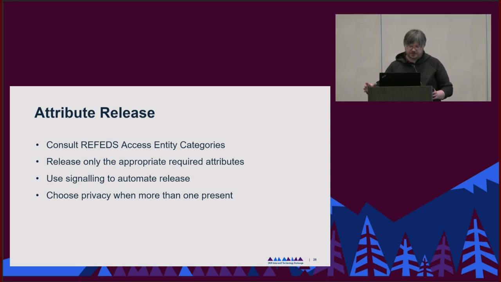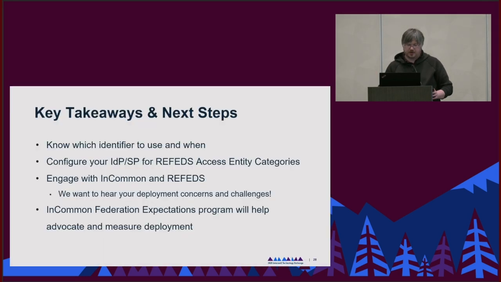You want to leverage that work and not have to reinvent that machinery yourself. Use the signaling to automate the release. And when somebody goes contrary to the spec and signals themselves as more than one of these things, then make the same choice as we advise relying parties to make, which is to pick the more privacy-preserving option rather than the more privacy-revealing option.